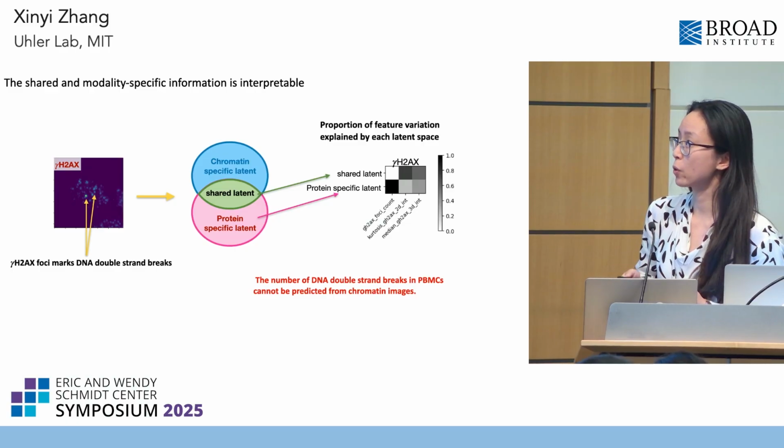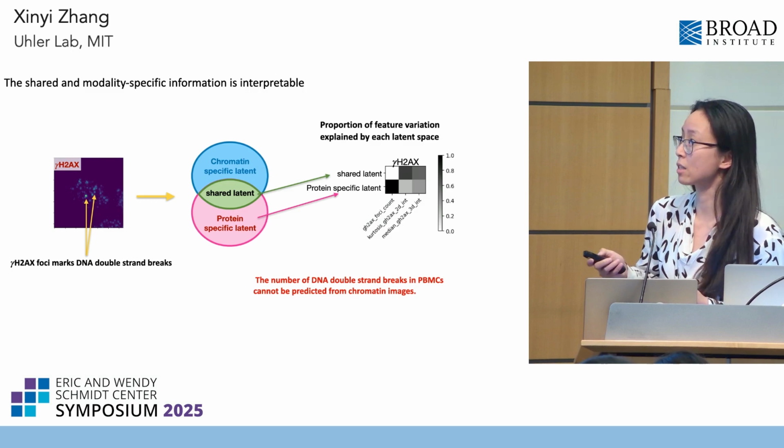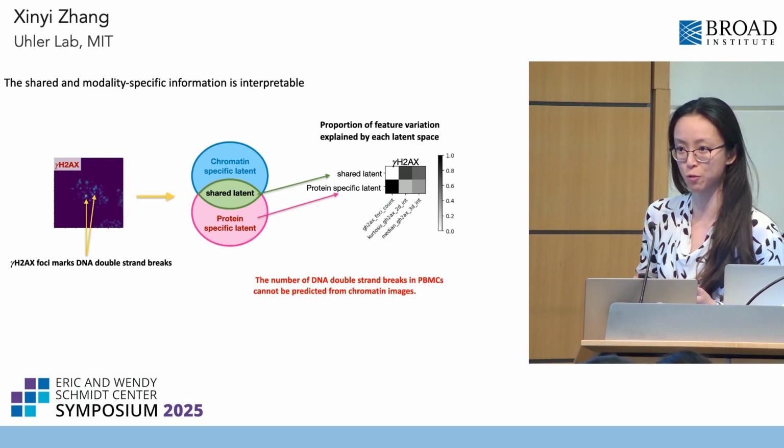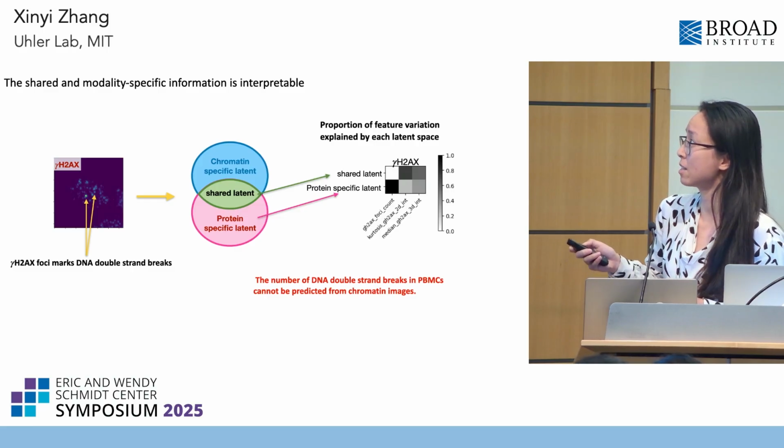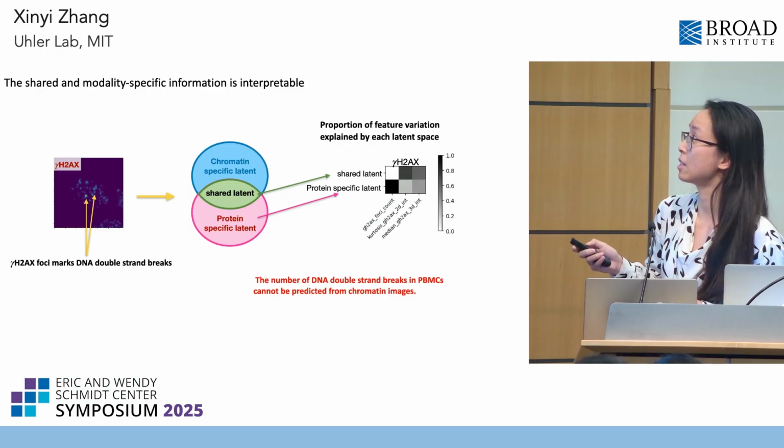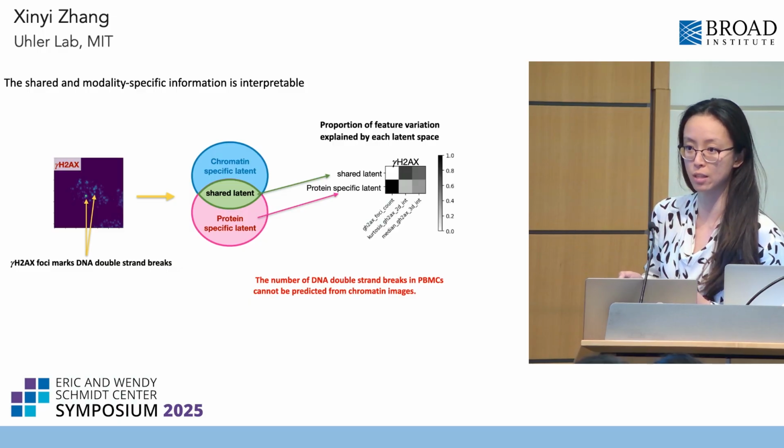So for example, if we want to know whether we actually need to experimentally measure the protein stain for gamma H2AX versus predicting gamma H2AX from chromatin stains and protein sequence, we can look at the shared space and modality-specific space. We found that some general characteristics of gamma H2AX, such as intensity, are in the shared latent space and can be predicted from chromatin stains.